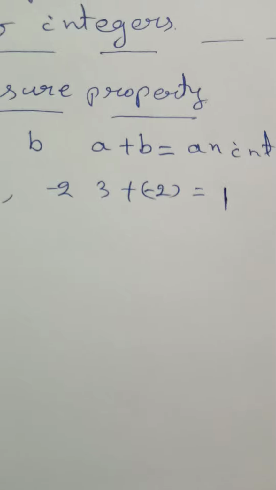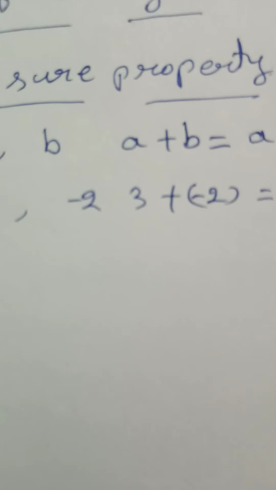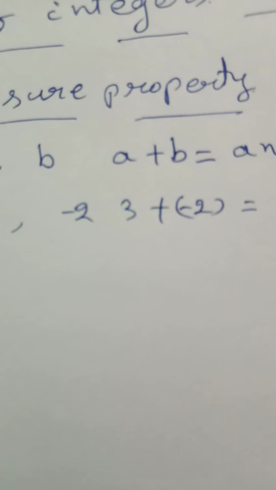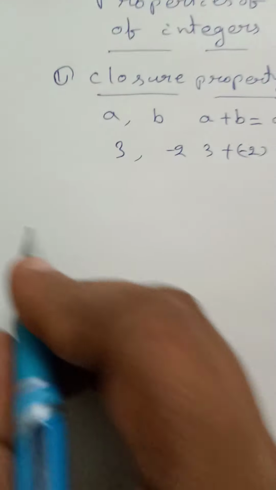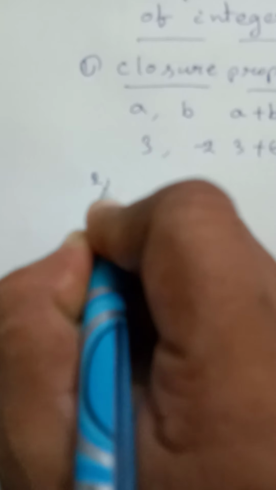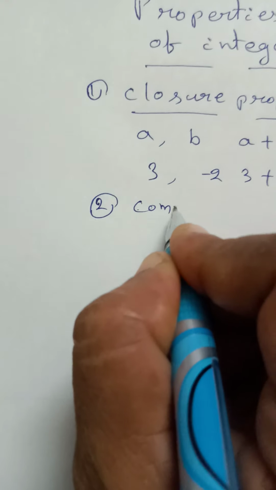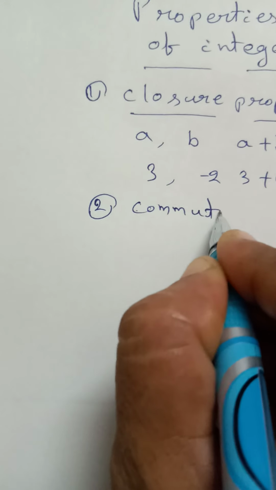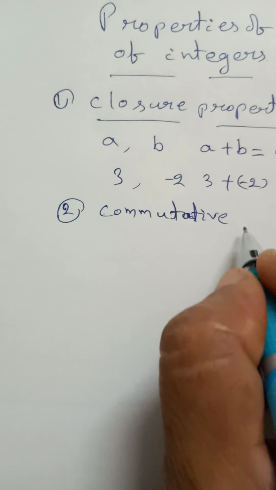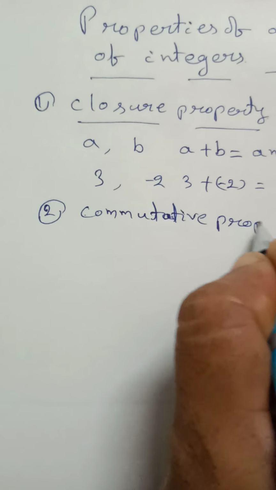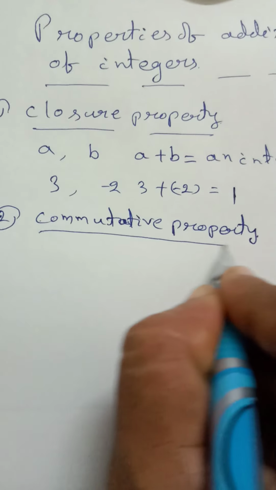Second one is the commutative property. What is the commutative property?